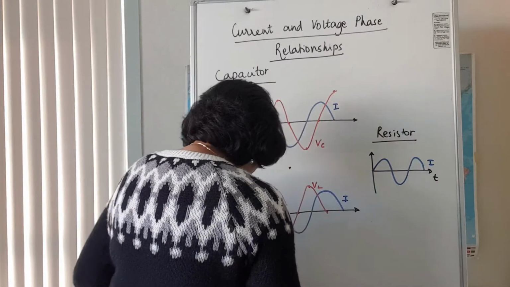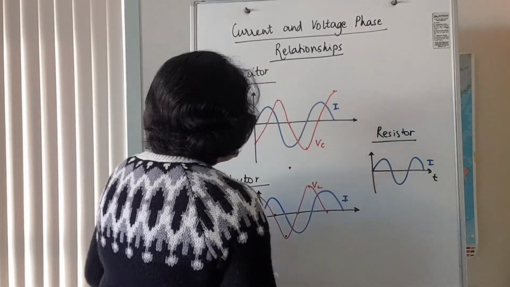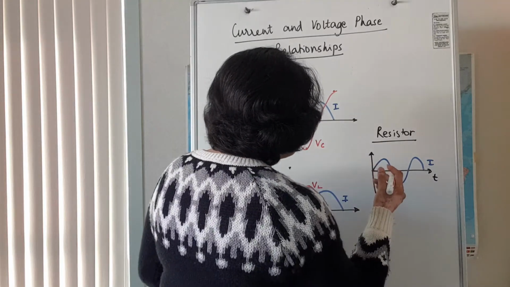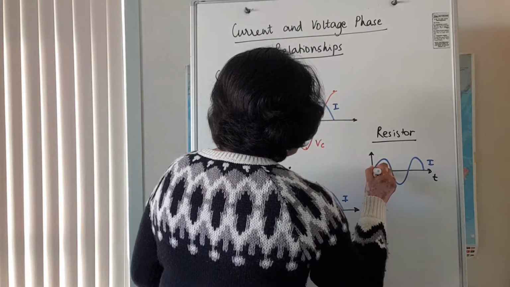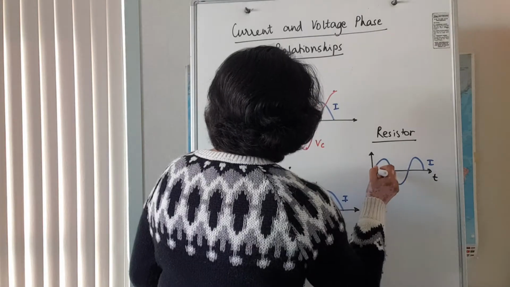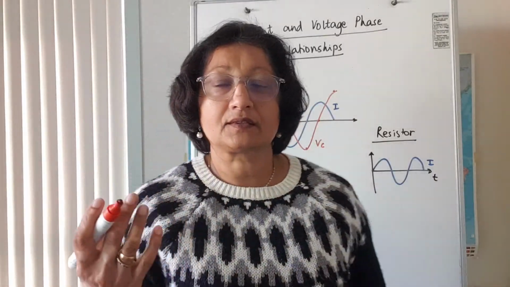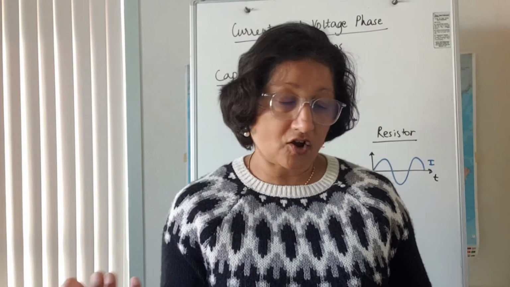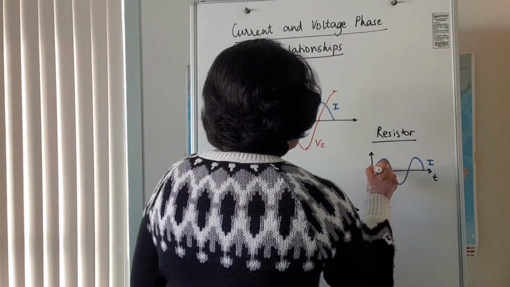For the resistor, the voltage across the resistor matches in step with the current. So when the current is zero, voltage is zero because of V equals IR. So when V is zero, I is zero. Resistance is a constant, so they're in step.